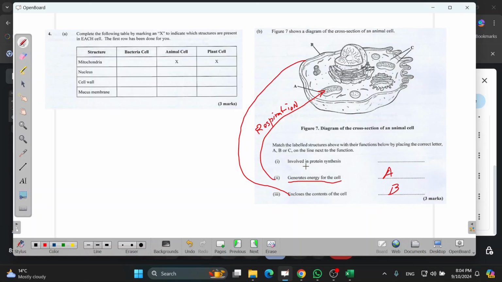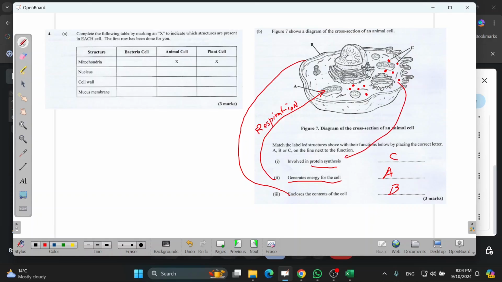And what is involved in protein synthesis is the tiny dots, ribosomes. Look, this one here and this one here, or this one, any of these dots that you see floating about, those are ribosomes, right? And what they do is they produce proteins. So that will be C.